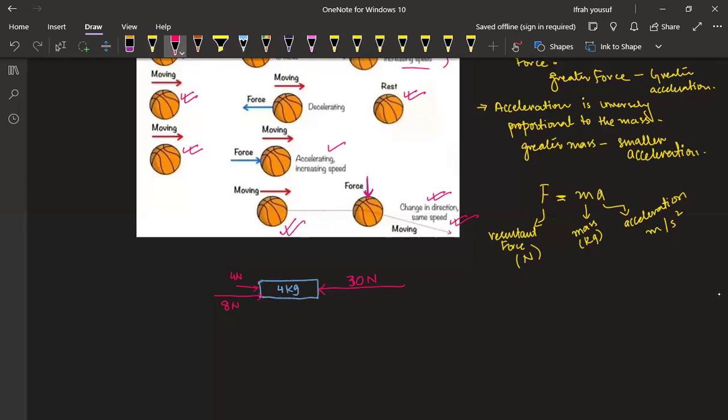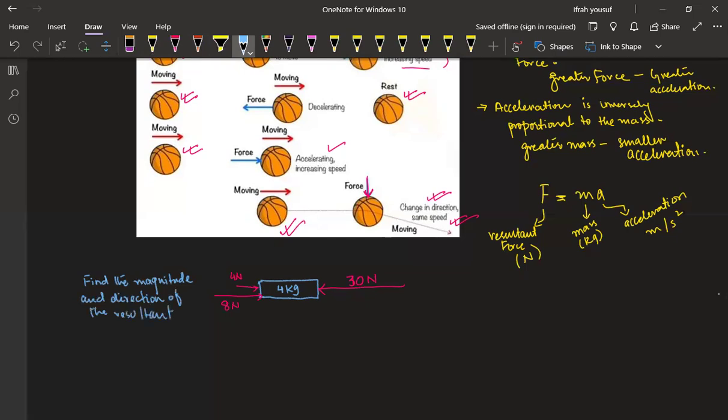Okay, so now we are going to find the magnitude and direction of the resultant.